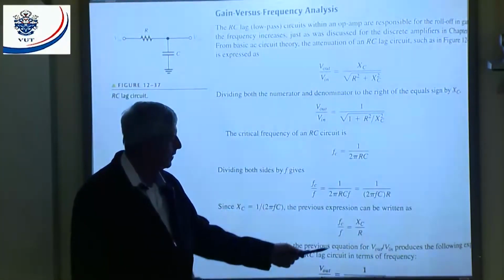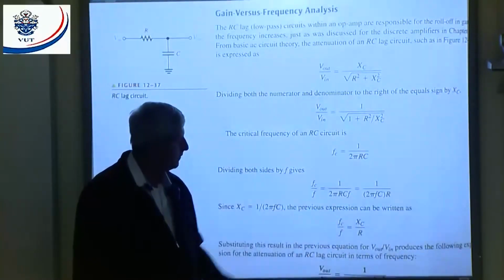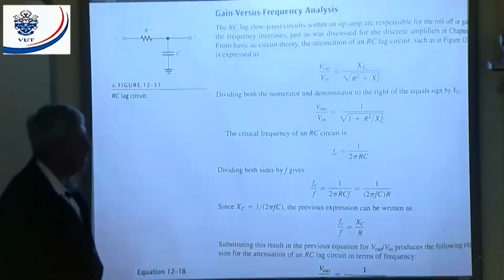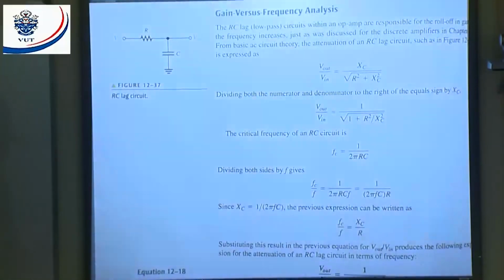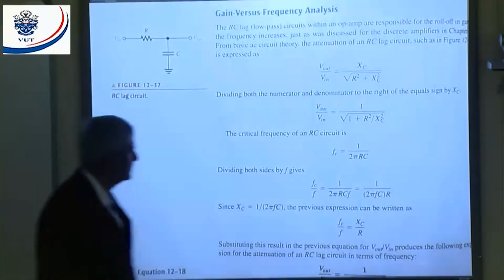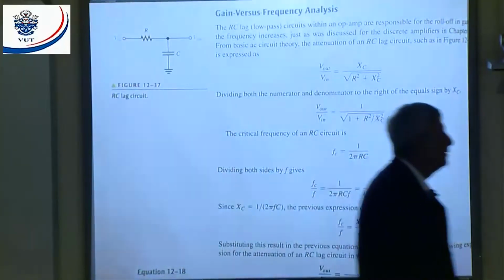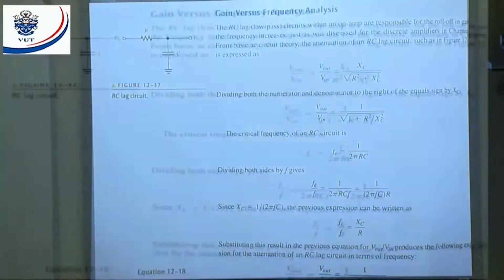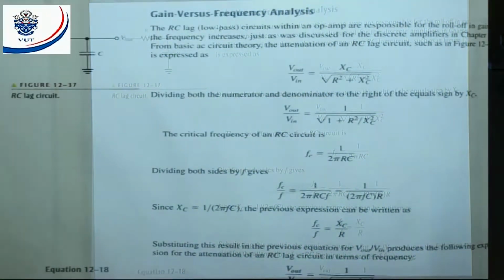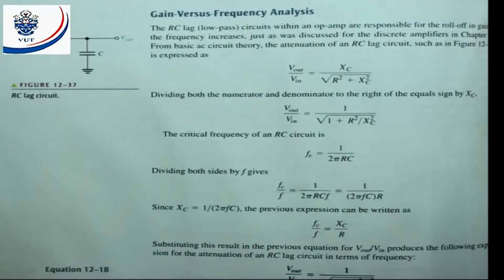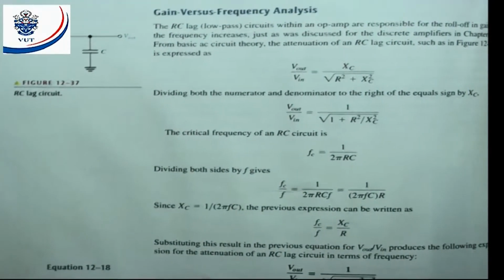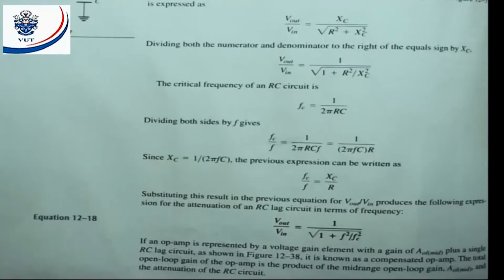Here we're only going to look at one stage. You see, here's the op-amp, one stage with my RC lag circuit, and then I can say my open loop gain is equal to the open loop mid-range value divided by the square root of 1 plus F squared divided by FC squared.